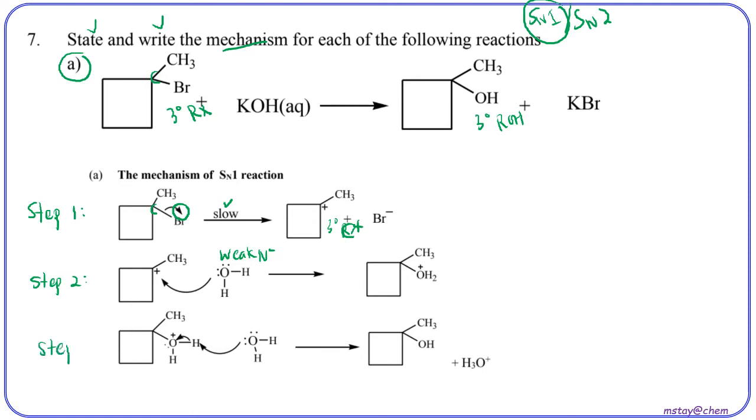Then step 3 is deprotonation. One of the water molecules will take the hydrogen: the lone pair electron on the oxygen will donate to the hydrogen, and then the bond between oxygen and hydrogen will break heterolytically, so the oxygen will have 2 lone pairs to form the tertiary alcohol, and we get back the acid condition, H3O+.